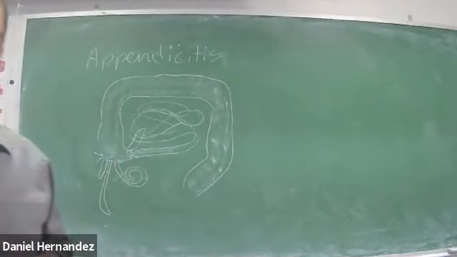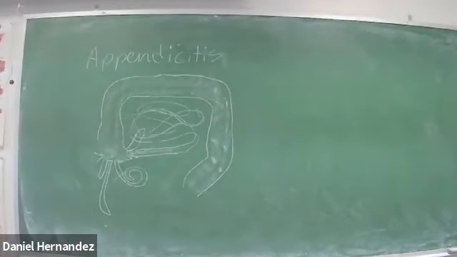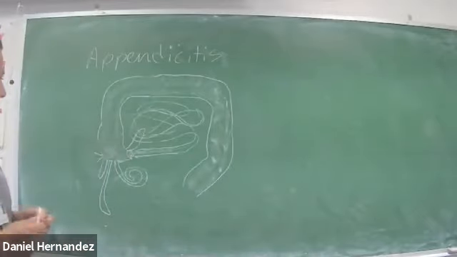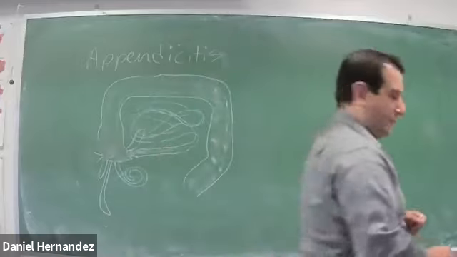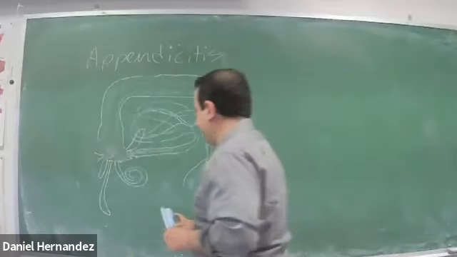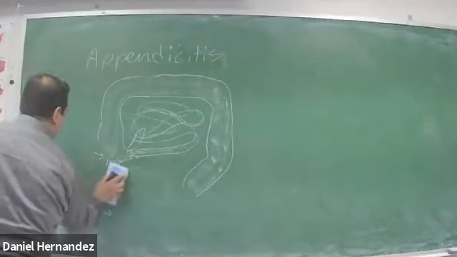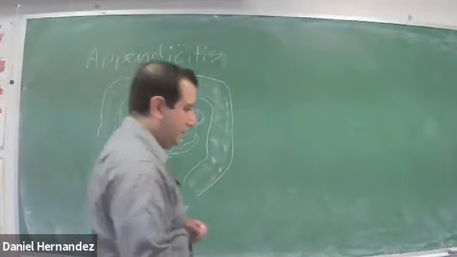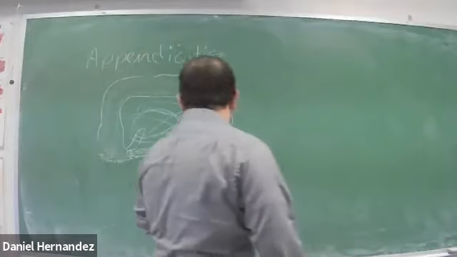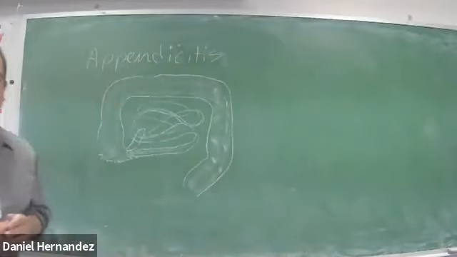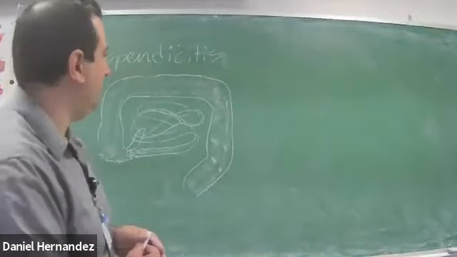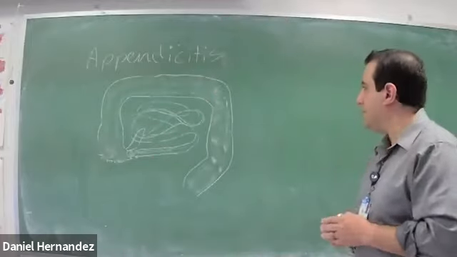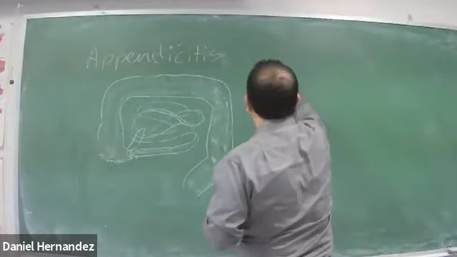So they're all unique in their orientation and their lie. Some other things that make the appendix ultrasound very challenging is that a normal appendix is very small to begin with.